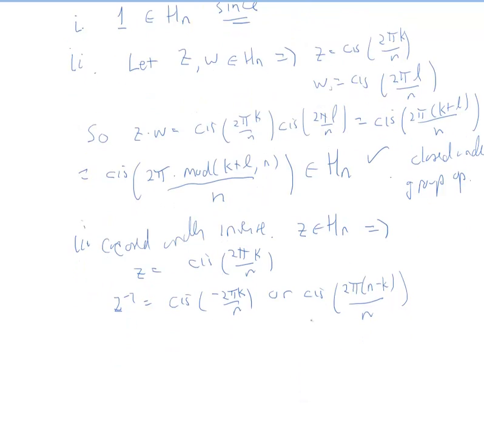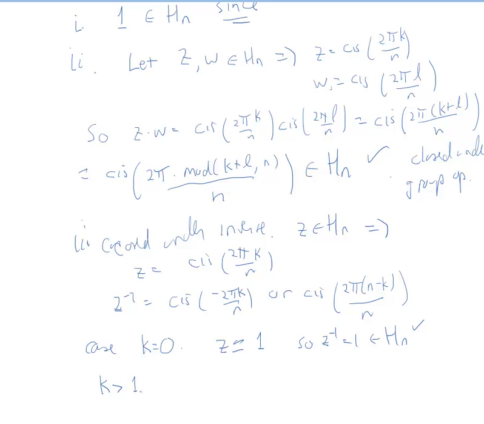Okay, so we can split this up into two cases. We can consider the case where k equals 0. That means Z is equal to 1, because cis of 0 is 1. So Z inverse is 1, and that's also in Hn. Now, the other case is when k is greater than or equal to 1.